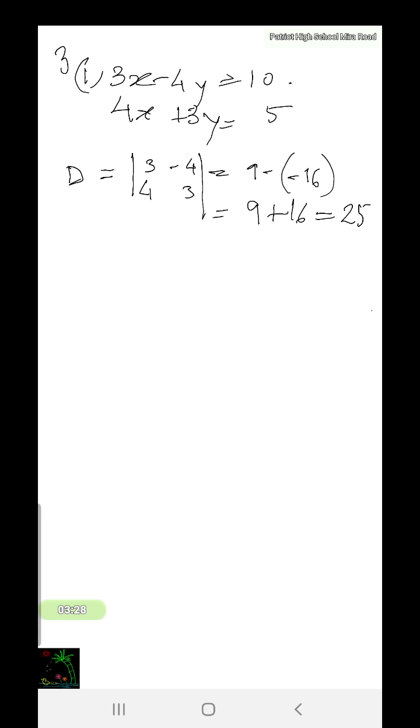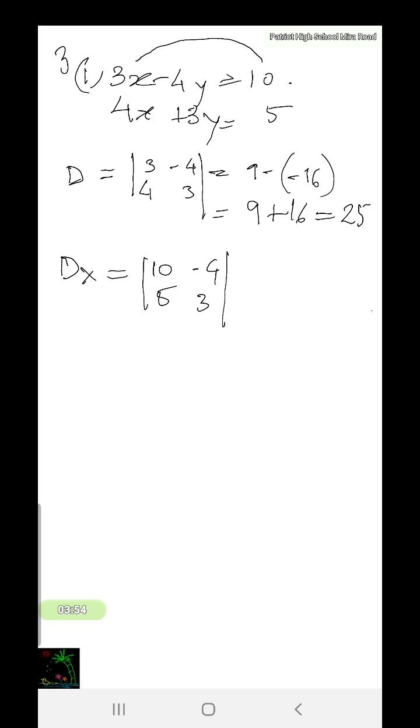So the value of D is 25. Now value of Dx. First, finding Dx, we bring the third column in place of the x column. The coefficients of the x column will be changed by the third column coefficients. So it will be 10, 5 and minus 4, 3.